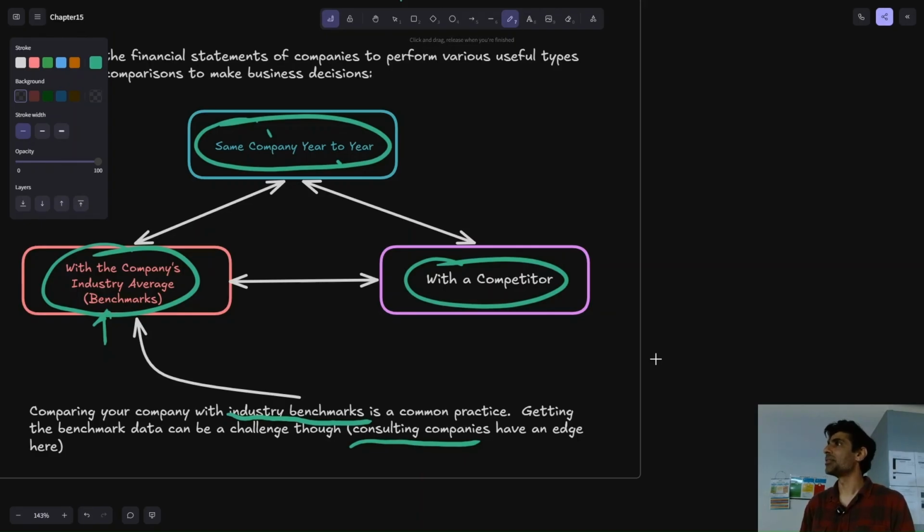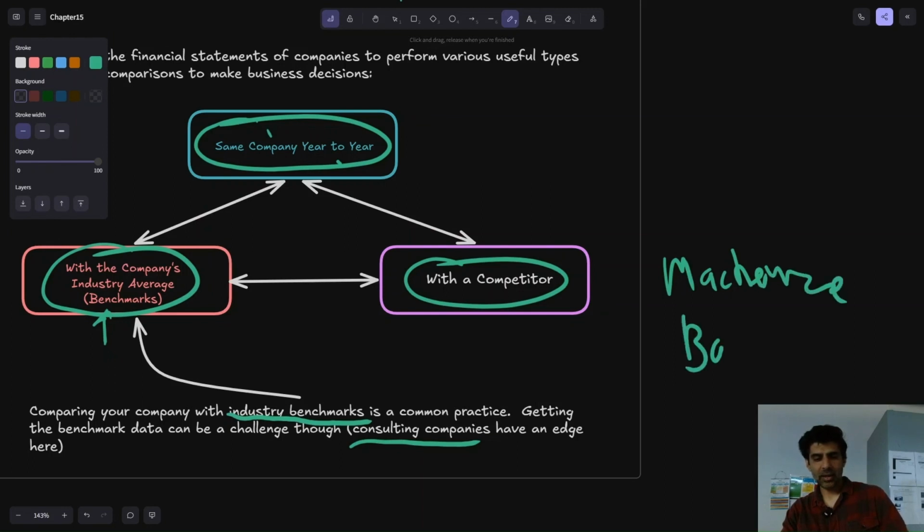The big three for management consulting are McKinsey, Bain, and BCG, which stands for Boston Consulting Group.